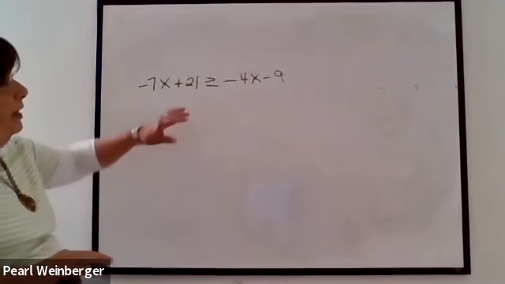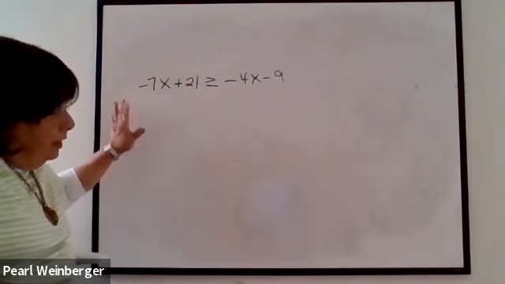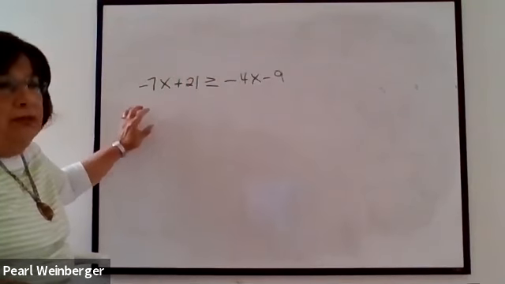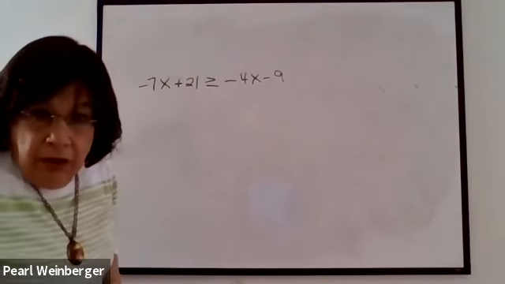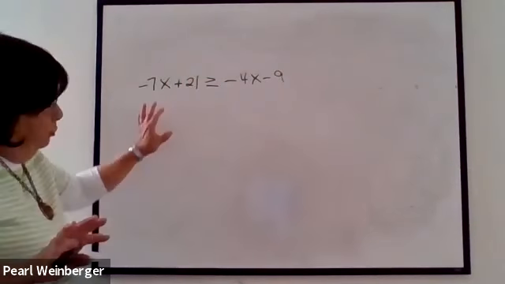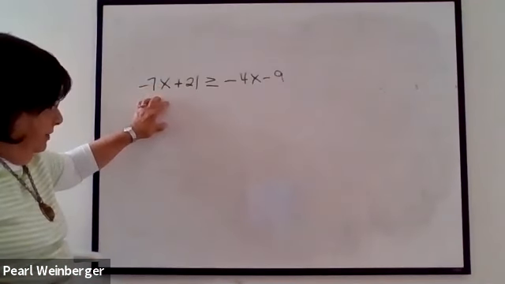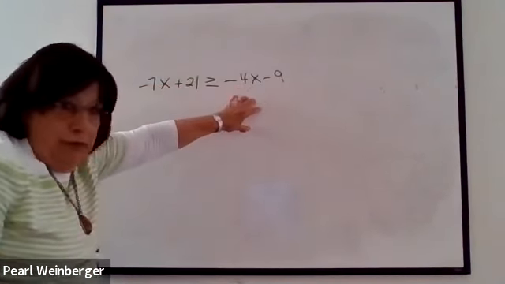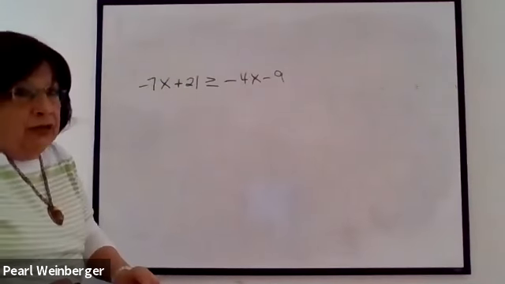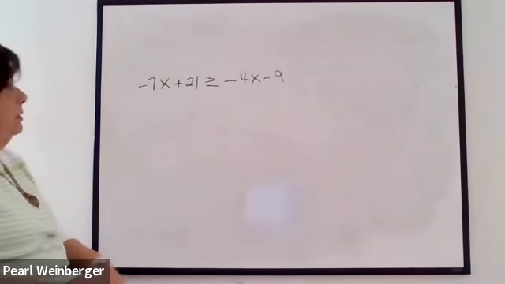So again, on this one, I always want to end up with the x's on the left side and the numbers on the right side when it's an inequality. It's not so important on an equation, but in an inequality, it really is.